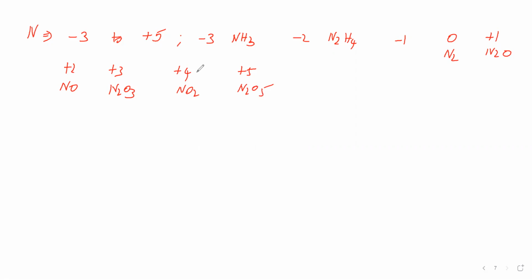So nitrogen can show variable oxidation states. Even -1/3 is possible in N3 minus.